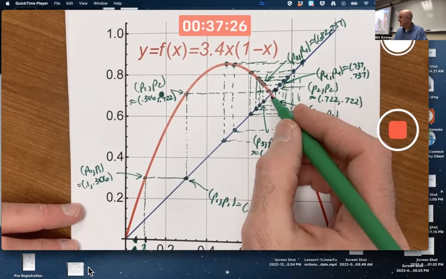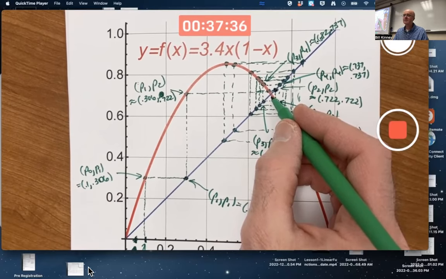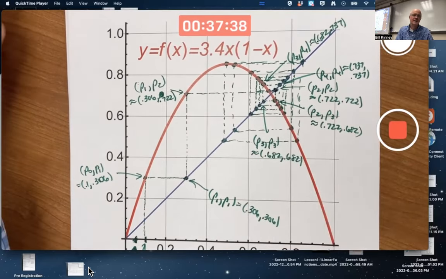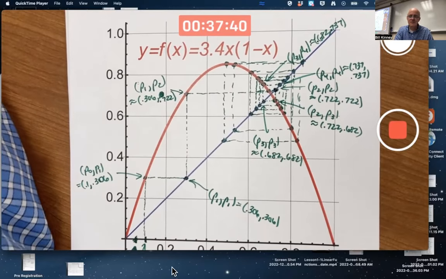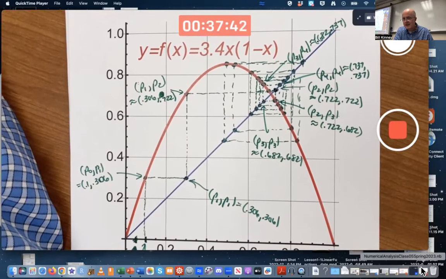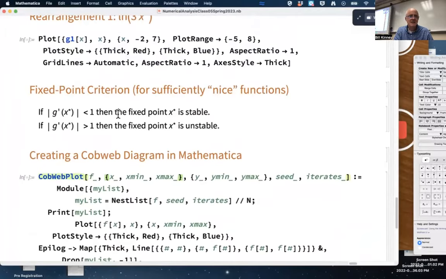It turns out, in fact, the boundary between close to 0 and far from 0 is a derivative that equals plus or minus 1. 1 unit away from 0 is the boundary between attracting and repelling. In today's Mathematica notebook, that I'm not going to go through completely, that condition is right here.